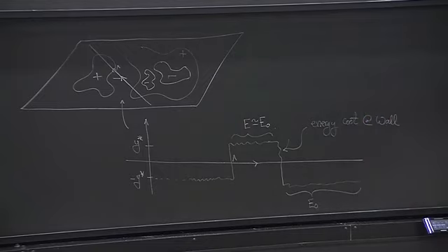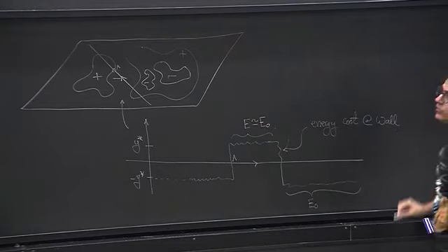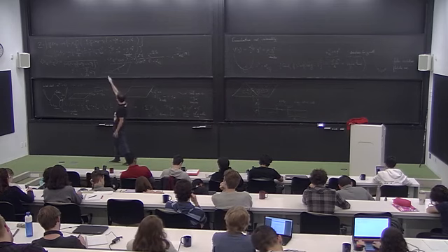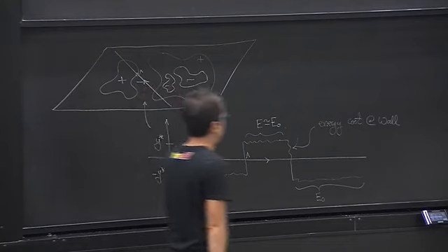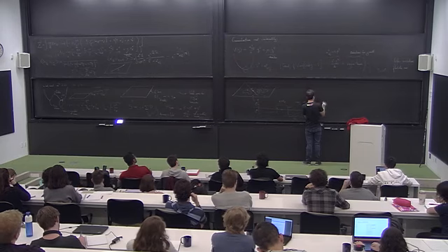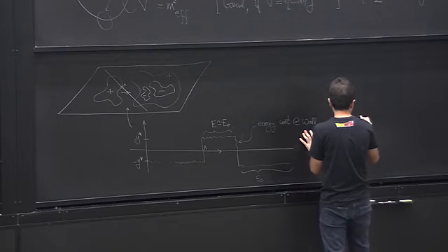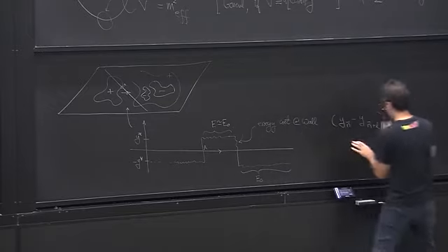There is an energy cost at the wall. So what is this energy cost? This energy cost comes precisely from the fact that we have interaction there between the y's. And now, at the wall, we have (y_n minus y_{n+L}) squared.